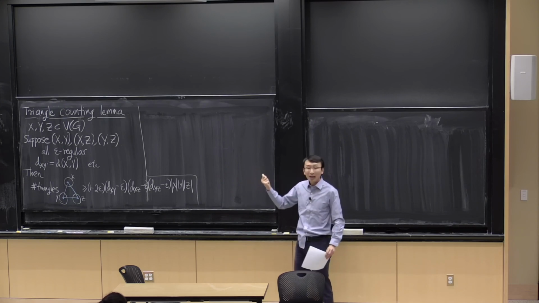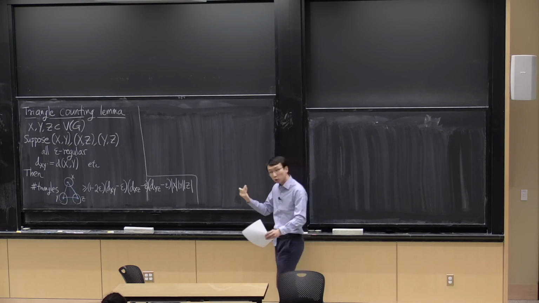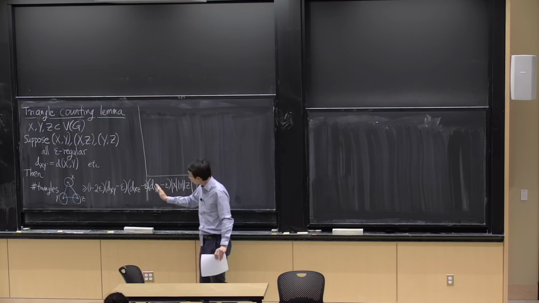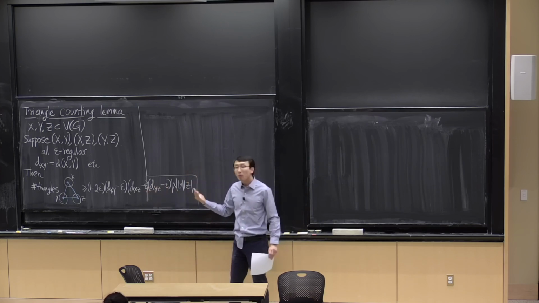Because we're looking at epsilon regularity, there could be some fluctuations in both directions. A similar statement is also true as an upper bound, but the lower bound will be more useful.